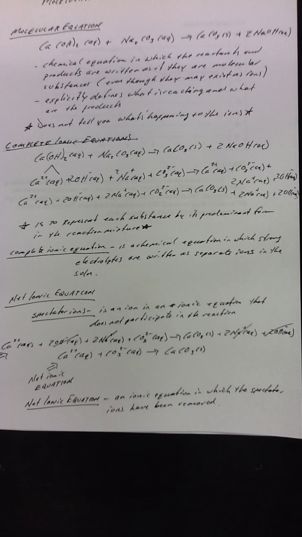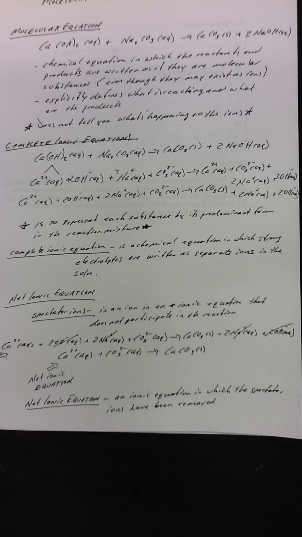Okay? So from the net ionic equation, you can see that mixing any solution of calcium ion with any solution of carbonate ion will give you this same reaction. For example, the strong electrolyte calcium nitrate dissolves readily in water to provide a source of calcium ions. According to our solubility rules, calcium nitrate is soluble, so it goes into solution as calcium and nitrate ions.